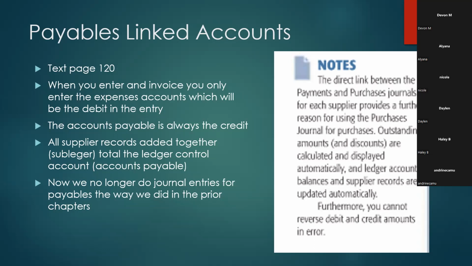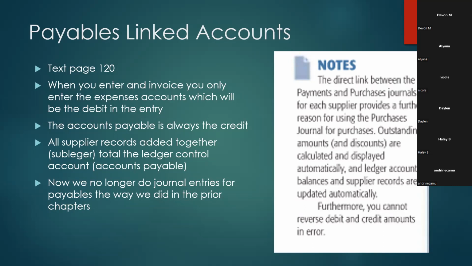So in Sage, when you're using the purchase module, you would never be able to credit in a journal entry the accounts payable linked account. The way that the linked account works is that it automatically posts there when you do a purchases entry, okay?